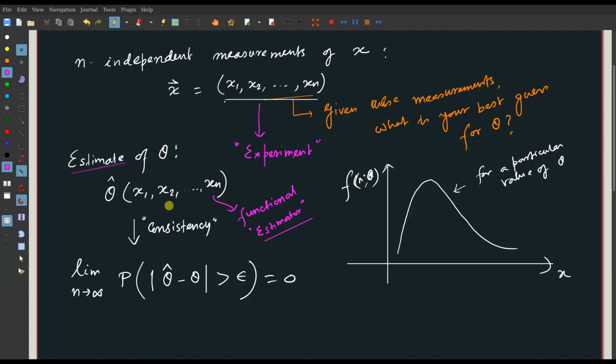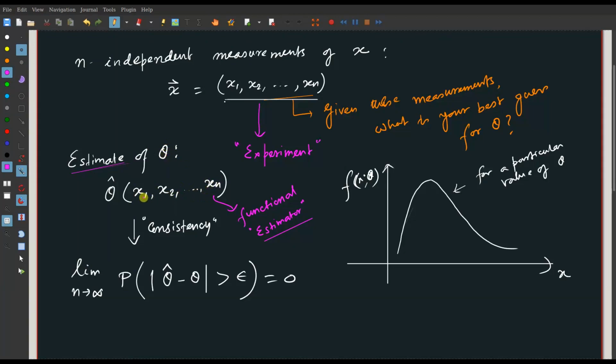But from this measurement, you hope that you can construct an estimator that will get you to sufficiently close range of theta. How close, that is a discussion for another class.